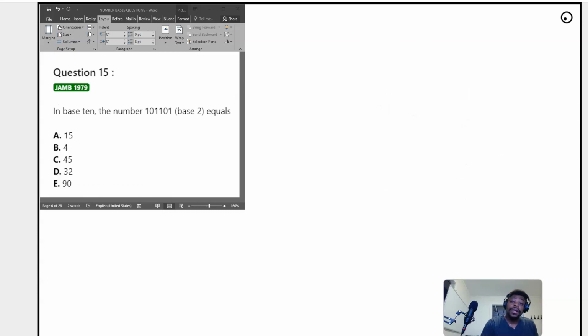Good. Now, the next question. In base 10, the number is equal to... they want us to take 101101 in base 2 to base 10.